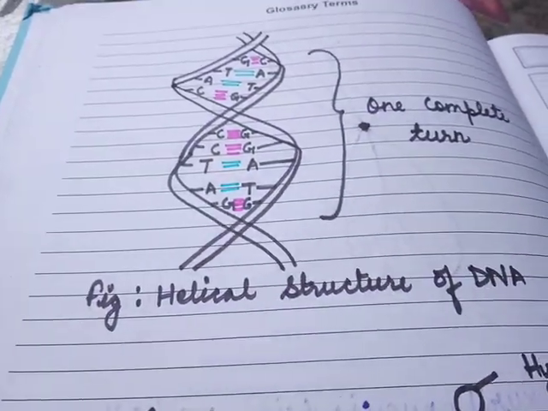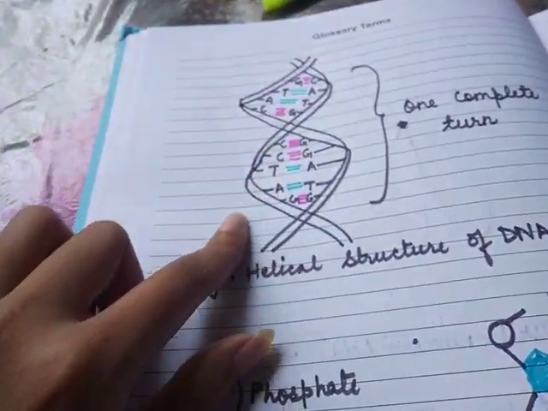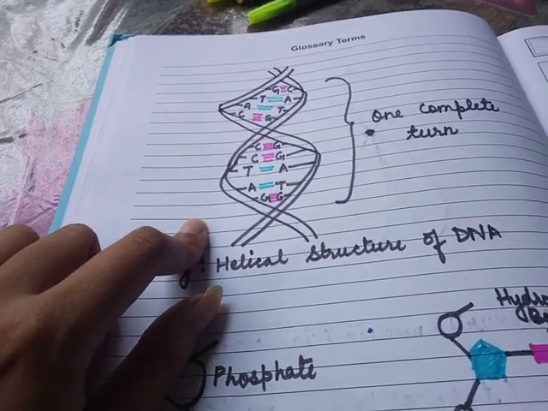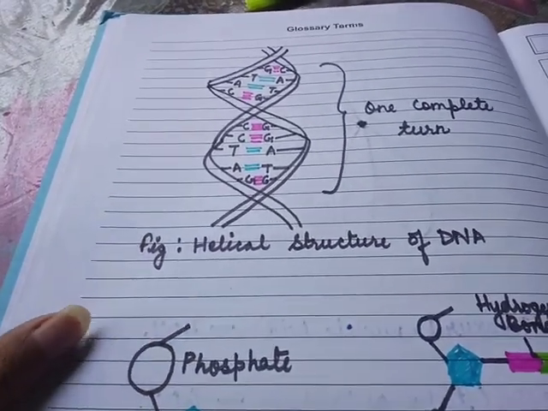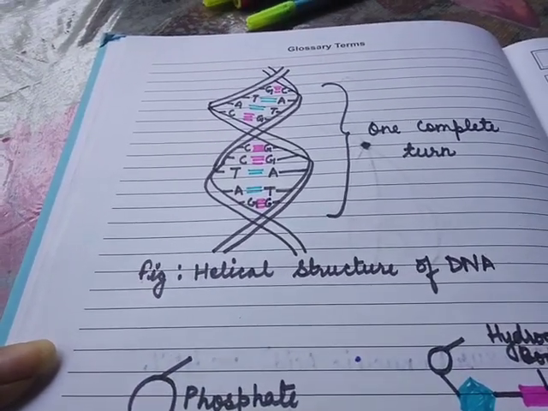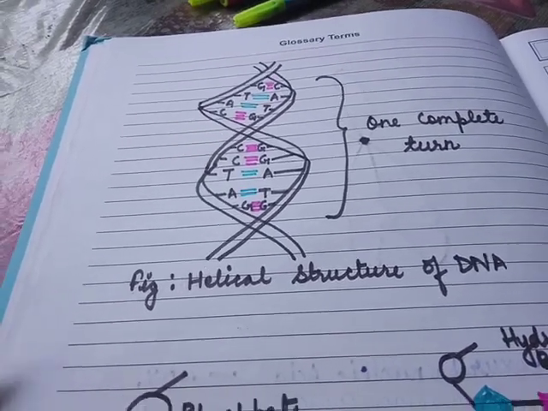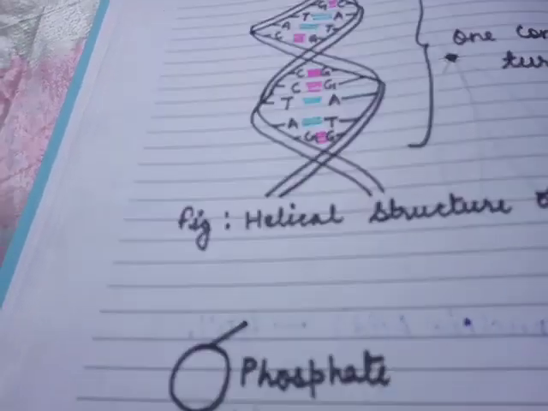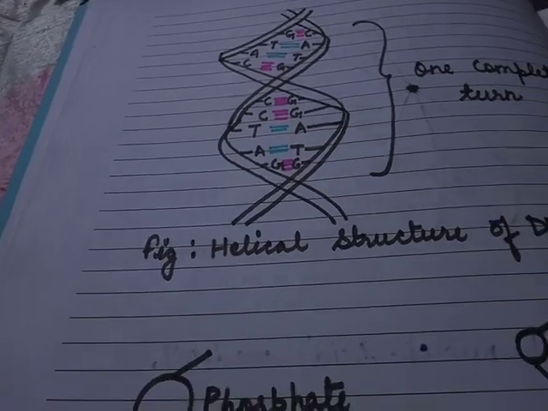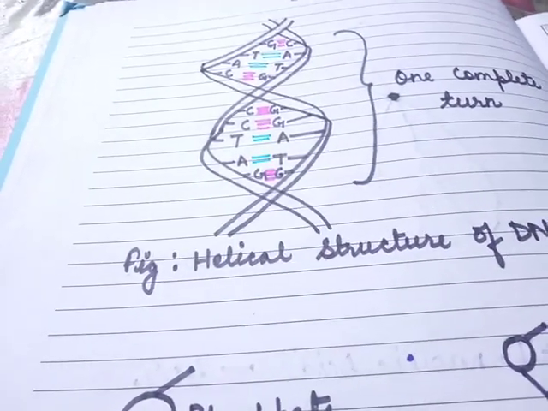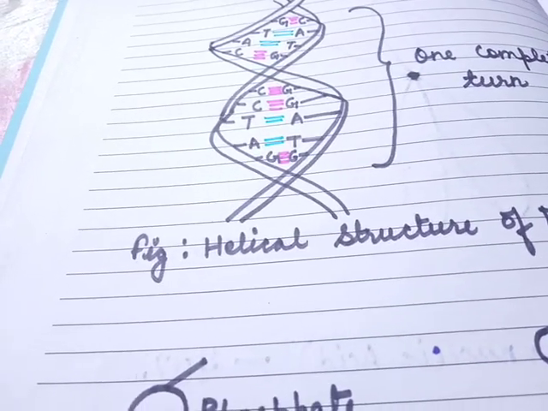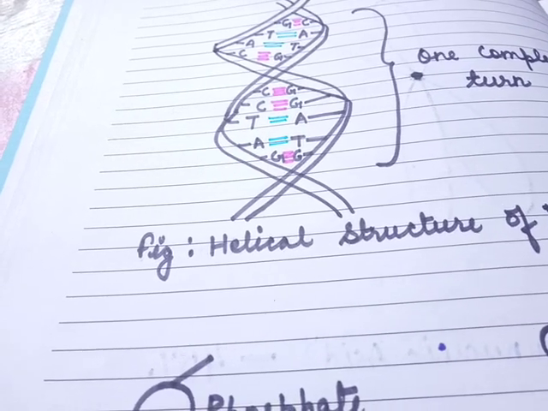This is the double helical structure of DNA given by Watson and Crick, for which they got the Nobel Prize. DNA is a very large molecule and it is described as a macromolecule.